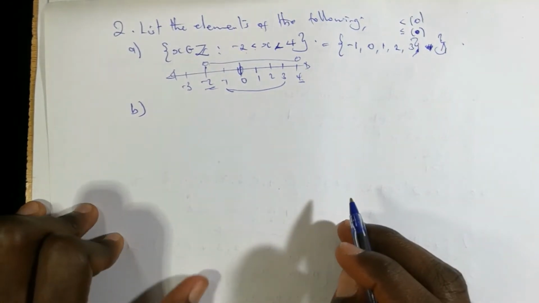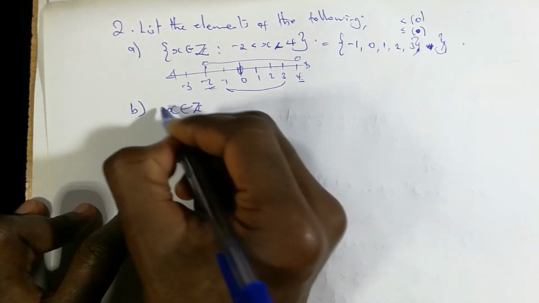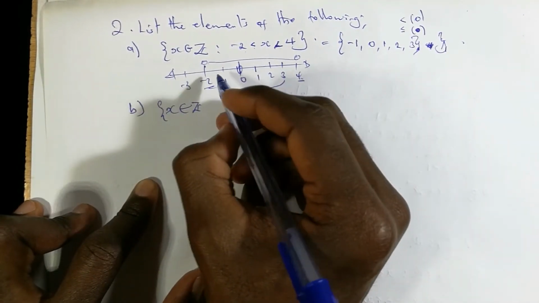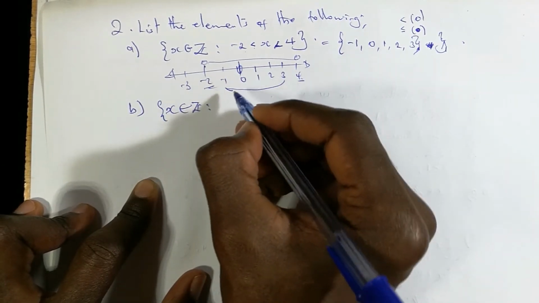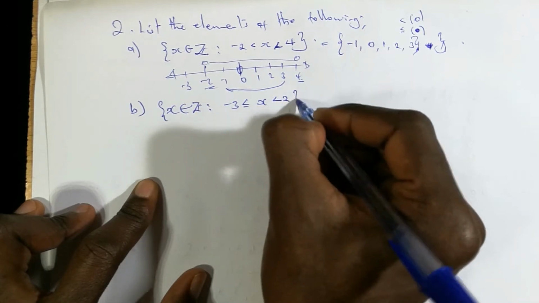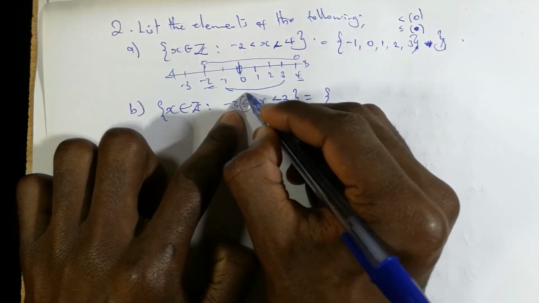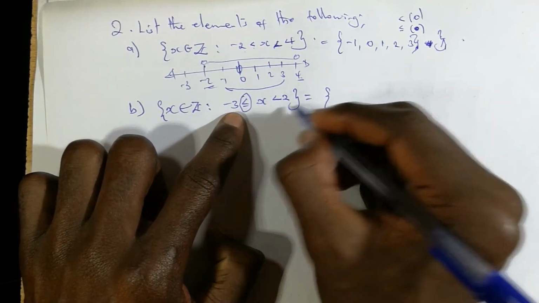Let me say set of integers -3 less than or equal to x less than 2. Here we are going to include -3 because of this less than or equal sign.